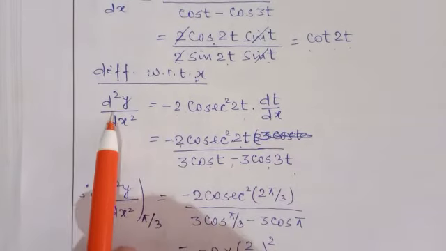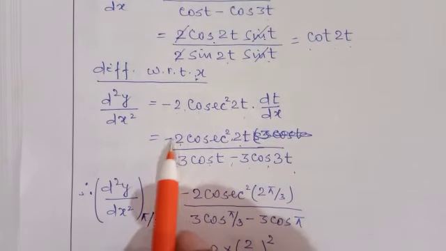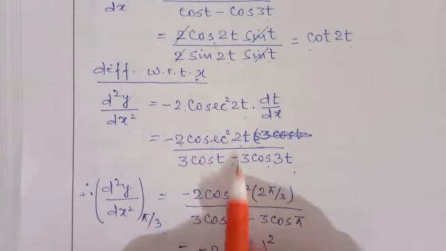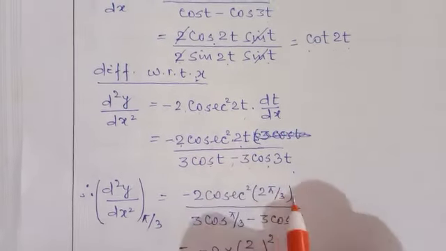You have to find d2y by dx square at t is equal to pi by 3. So put t is equal to pi by 3. So this reduces to minus 2 cosec square 2 pi by 3 upon 3 cos pi by 3 minus 3 cos pi. 3 and 3 should cancel.